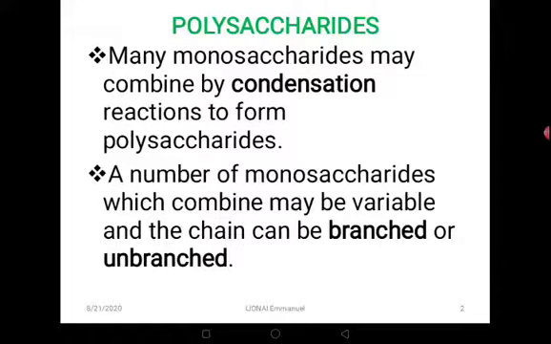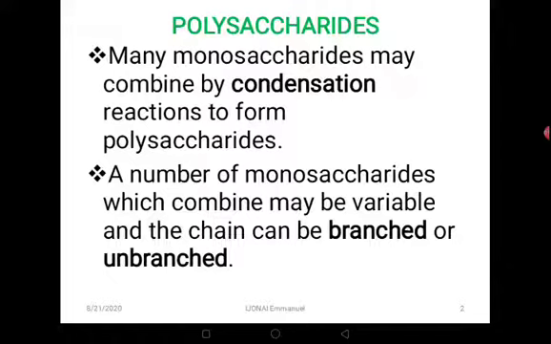A combination of two or more smaller molecules with the loss of a water molecule is what we call a condensation reaction. So similarly, in the formation of the polysaccharides, condensation reaction is the most preferred form of reaction.